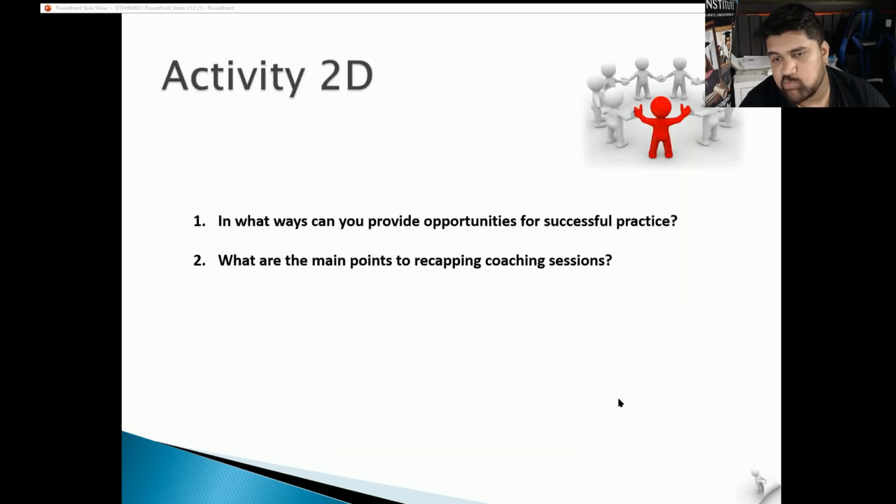So what are the main points to recapping coaching sessions? When we're recapping, we want to identify what we have observed that the student has done well. We want to go over what knowledge was delivered.